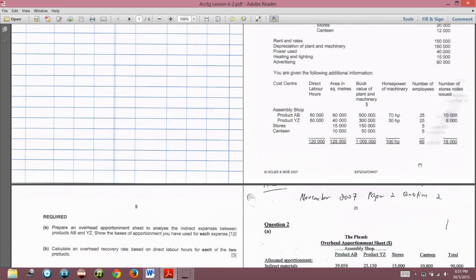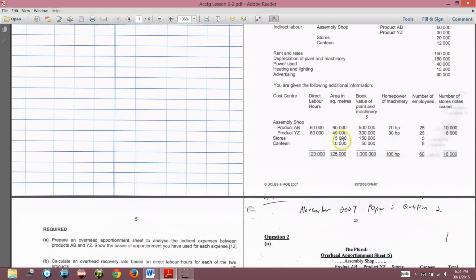You see, rent and rates 150,000, and then you see these are the departments stated here. Okay, so on what basis are you going to allocate rent and rates? I think rent and rates should be allocated to these four departments based on areas in square meter, because based on all this information as given here, areas in square meter is the most appropriate.